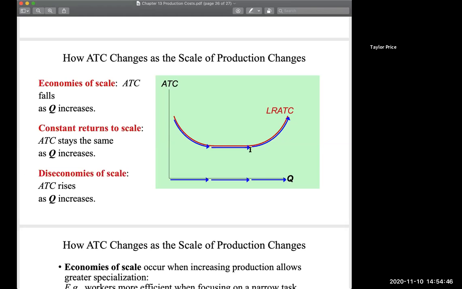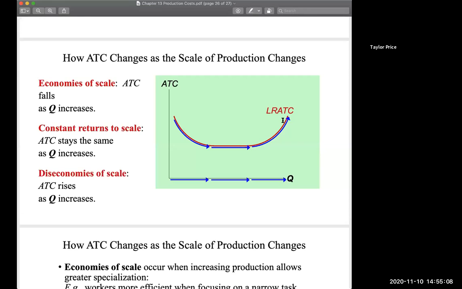So you can think about diseconomies of scale as being at this point up. So this firm is experiencing diseconomies of scale from here and then all the way up, because average total cost is increasing as they produce more quantity.